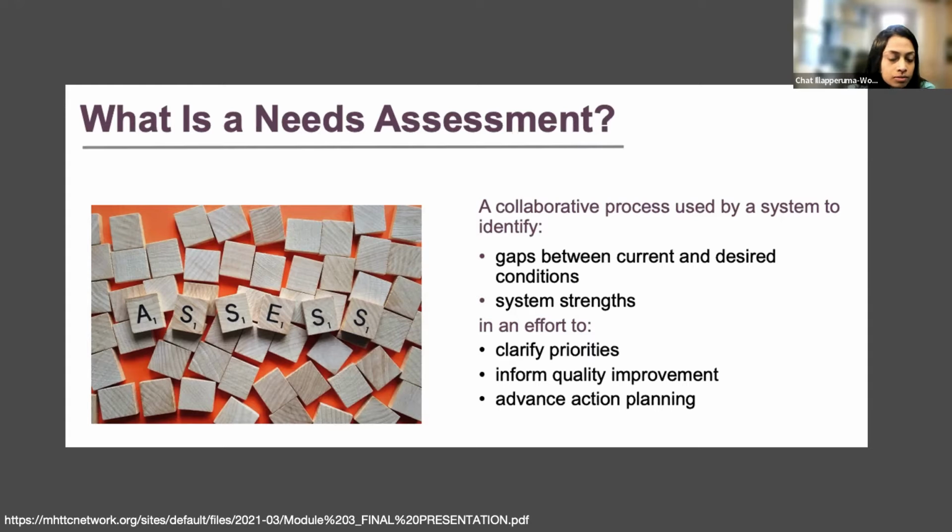Those individuals are not only a part of the system, but are also impacted by the system. So think about families, think about students. Some key features of a needs assessment, once again, include identifying gaps and identifying strengths, but also doing that collaboratively.